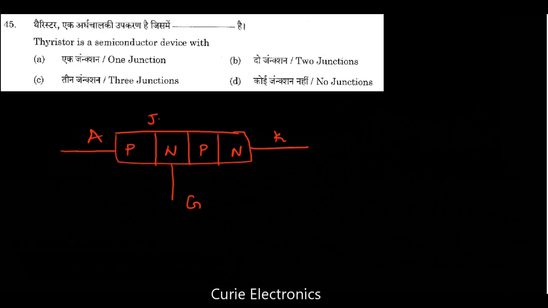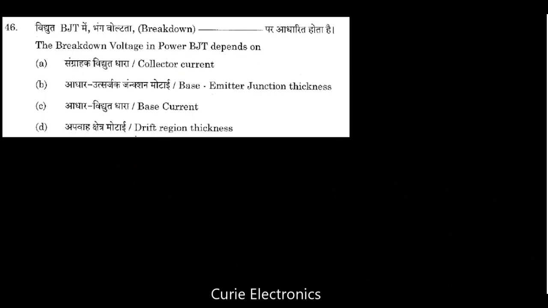So how many junctions are there? This is J1, J2, J3. So we have 3 junctions. This thyristor is an SCR. There is the anode, cathode, and the gate.